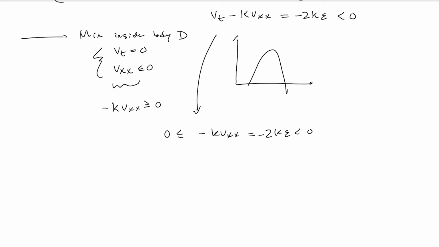This says that negative k v_xx, which is equal to negative 2k epsilon, is less than 0, but it's also greater than or equal to 0. And note that this less than 0 does not include 0 itself. If it did, then it's just 0, because it's bounded by an upper bound of 0 and a lower bound of 0. But because this is strictly less than 0, this means that we have a contradiction.